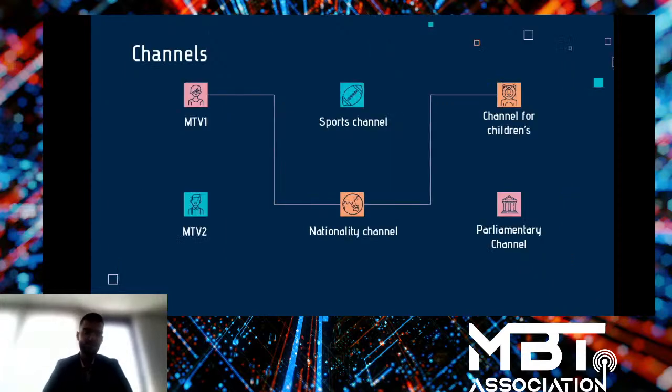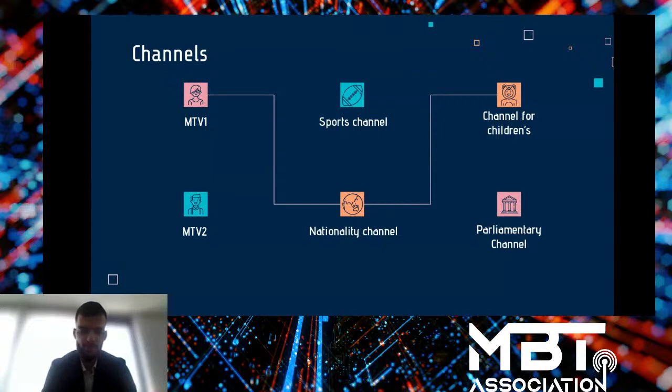The 6 TV programs that we emit are 2 Macedonian TV programs, MTV1 and MTV2. We also emit a sports channel, a nationality channel, a children's channel, and also a parliamentary channel. 4 of these channels are in HD quality, whereas the 2 other ones are in SD quality.